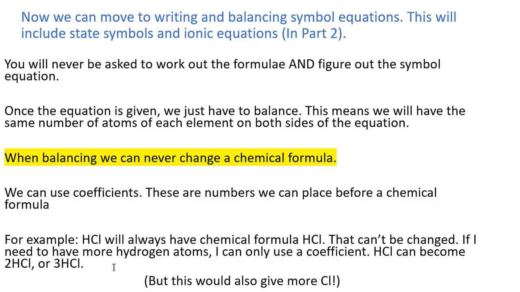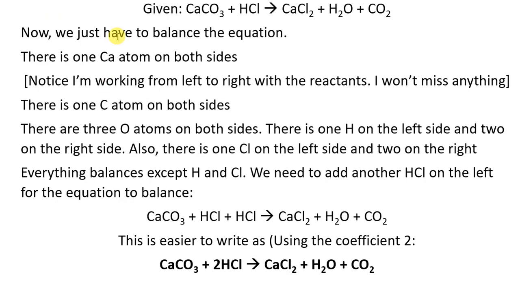When balancing, we never change a chemical formula. I'm given the formulae of a number of substances involved in a reaction. I begin with CaCO3 plus HCl. The arrow shows me that these react together to form the products.